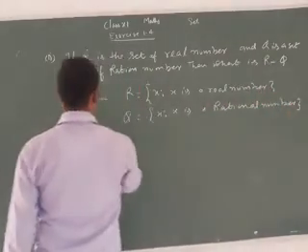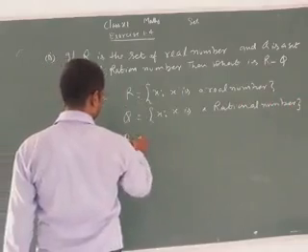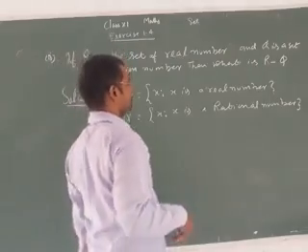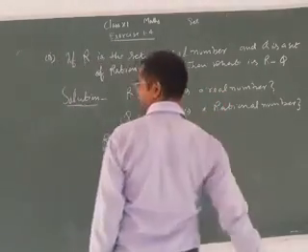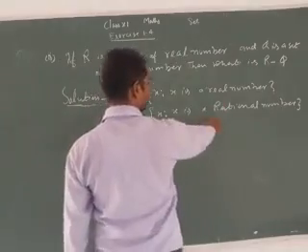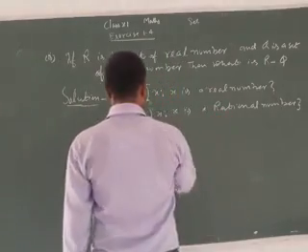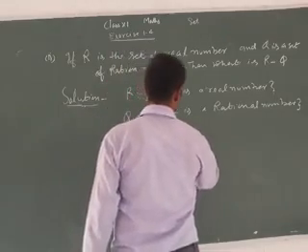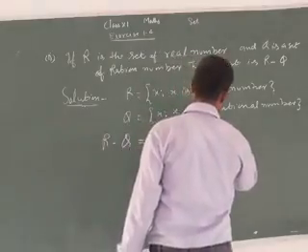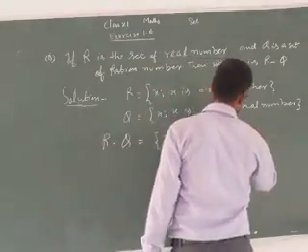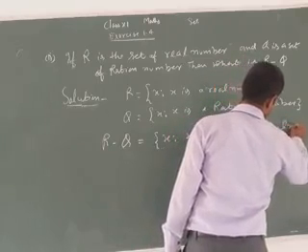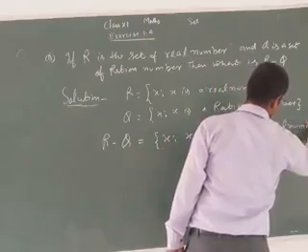So R minus Q. By definition, the collection of rational and irrational numbers is known as real numbers. So R minus Q is X such that X is an irrational number.